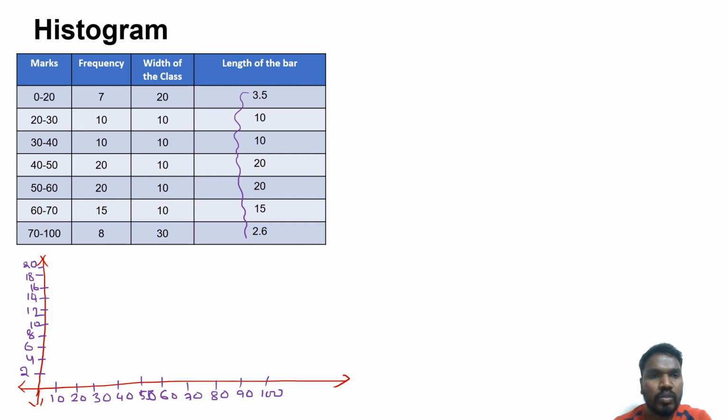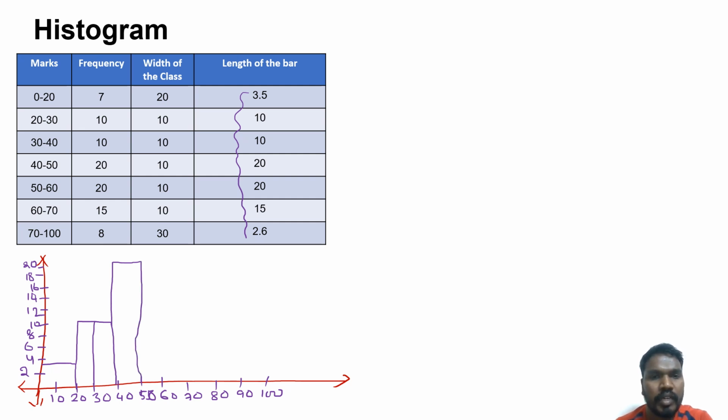Okay, now let us construct the histogram. 0 to 20, how much? It is 3.5. So this is 3.5, right? The next, 20 to 30, is 10. This is 10. And next, 30 to 40, again it is 10. 40 to 50 is 20, so 20 is this, the highest one.